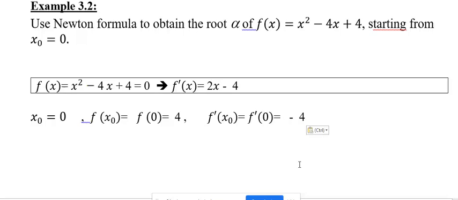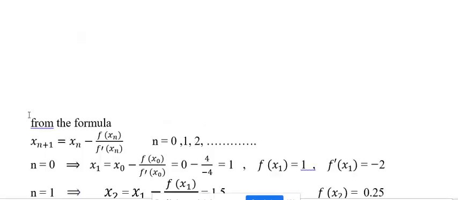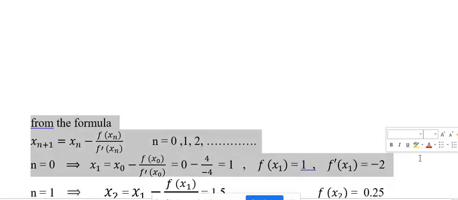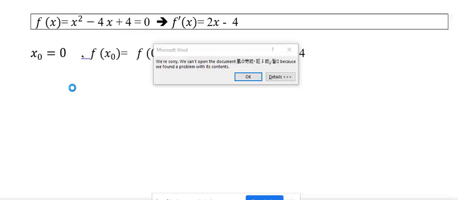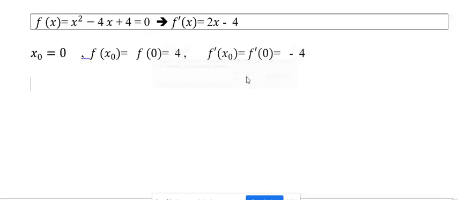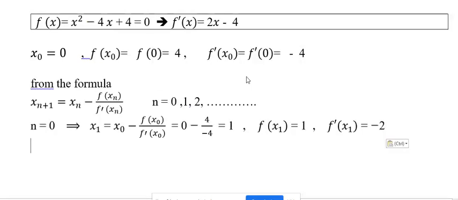Okay, now we shall start the first step of using the rule. The formula is x n plus 1 equals x n minus f of x n over f dash of x n.